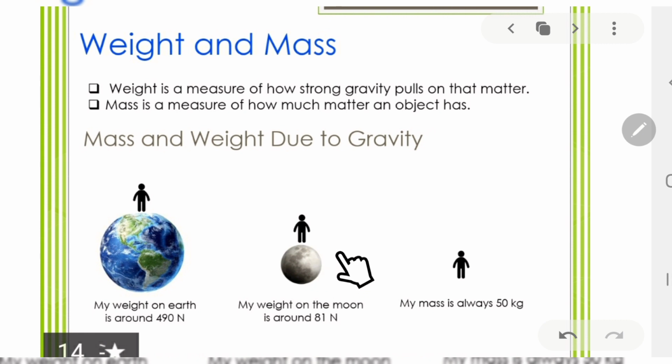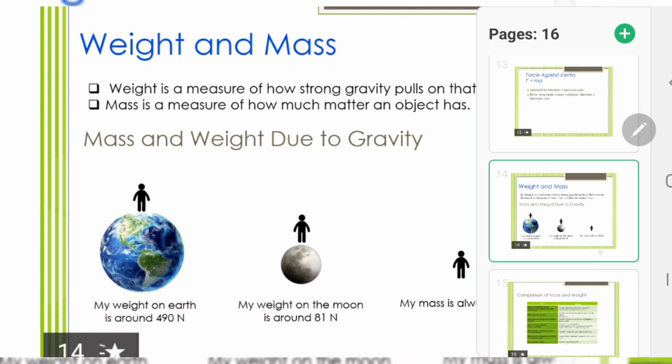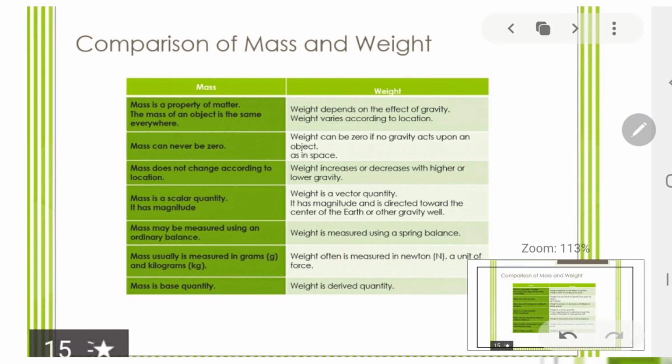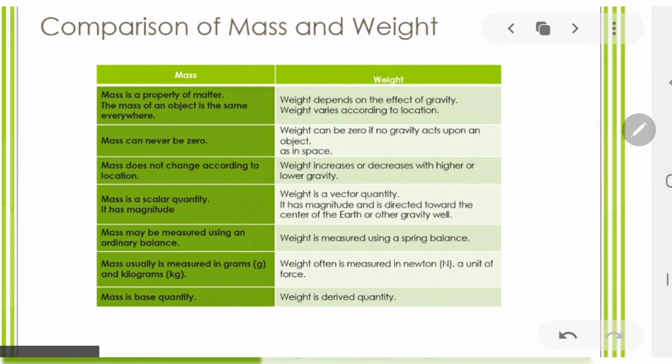Okay, mass ini tidak dipengaruhi oleh tarikan graviti. Tidak seperti berat dipengaruhi oleh tarikan graviti tempat tersebut. Okay, untuk lebih jelas comparison of mass and weight, kamu boleh tengok jadual ini.